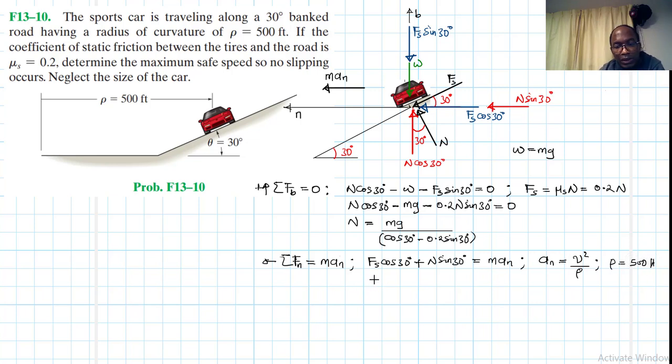Okay, so writing this, we are just going to have this Fs we already computed, it is 0.2 N cos 30, then we have plus N sin 30 equal to m v squared divided by rho. Right, so let's make our v squared subject of the formula.